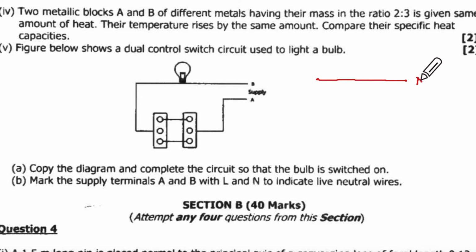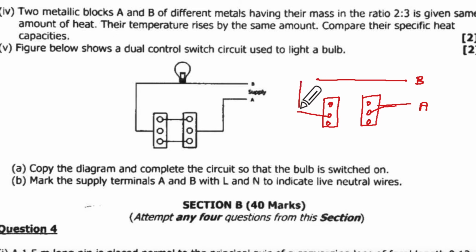This is going to be your B. This is going to be your A. You will show 2 boxes like this with 3 rounds here and 3 rounds here, and this is connected and this is going here, and this is the filament of the bulb. This is connected and this is connected.